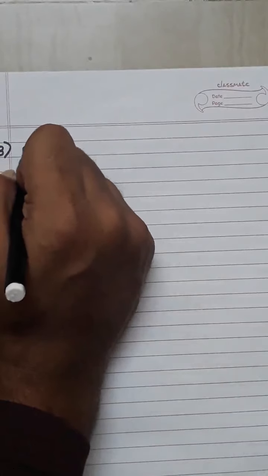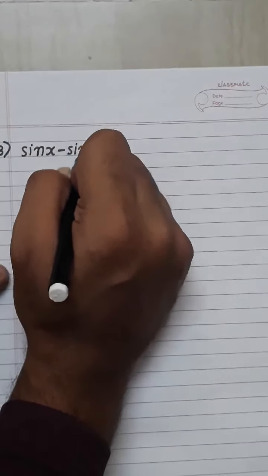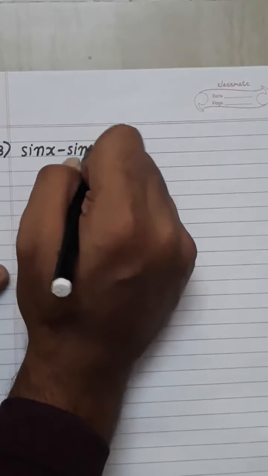sin x minus sin y upon, in denominator term cos x plus cos y is equal to, prove that tan of bracket x minus y divided by 2.